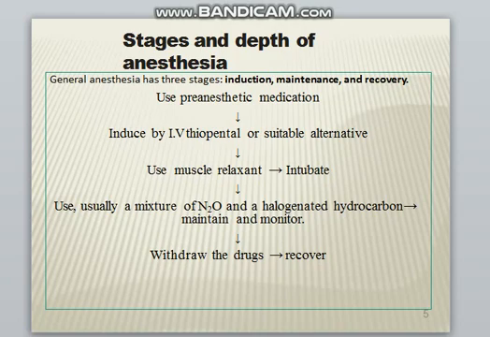We use muscle relaxants for an injury, and usually a mixture of N2O and halogenated hydrocarbons, and maintain and monitor the patient. After that, withdraw the drugs and the patient will recover.